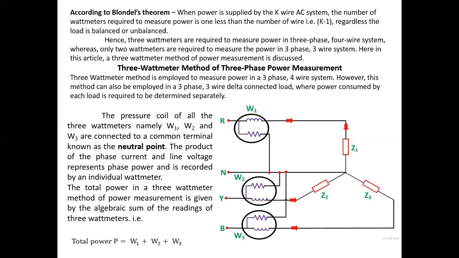However, it can also be employed for a three-phase three-wire delta connected load. The total power consumed by the three-phase load is the reading of W1 plus W2 plus W3, the addition of all the wattmeters.